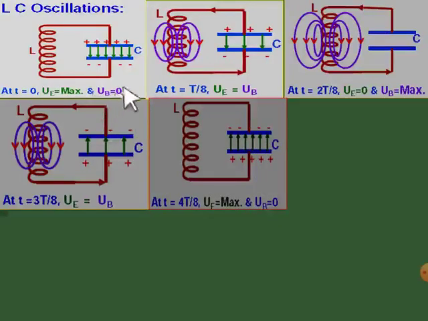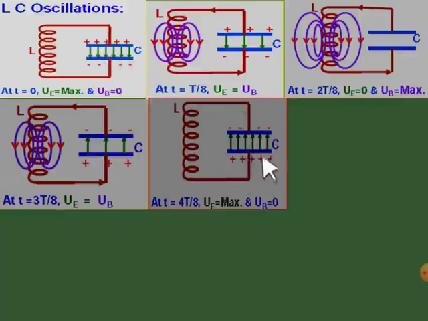That means this is just the reverse. See here, electric field energy in the capacitor was maximum and magnetic field energy in the inductor was 0, and at half the time period again the electric field energy is maximum and the magnetic field energy is 0. But the change takes place in the electric field. The electric field was downward, from the positive upper plate to the negative plate.